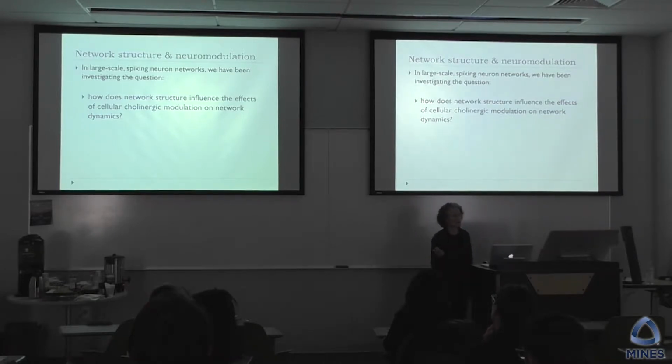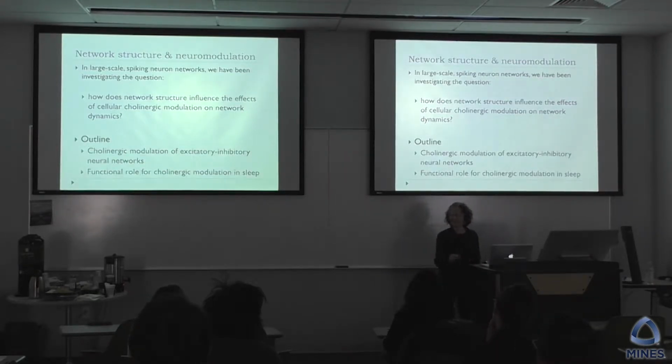So that's been our overall motivation, with the idea that if we have a fixed network structure of synaptic connectivity between neurons, but then we've got either high levels of acetylcholine or low levels of acetylcholine, how does the overall network activity respond to that change in neuromodulator levels?